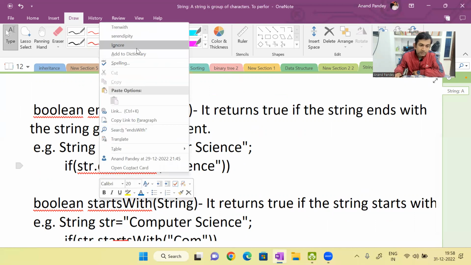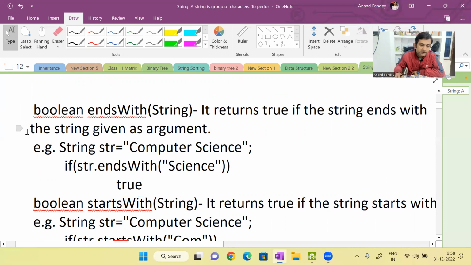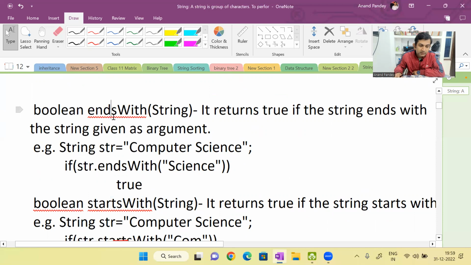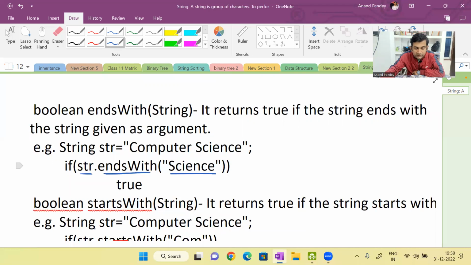Let's see. Now see computer science. For example, str equal to computer science. str endsWith science. You can see this string str is ending with science, so this function will return true.